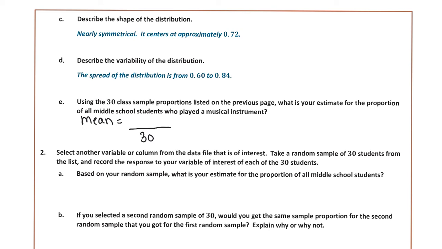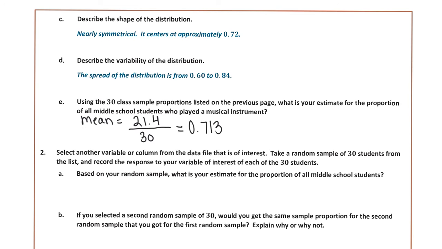All right, when I added up all my samples together, I got 21 and 4/10. And so now I'm going to have 21 and 4/10 over 30, which is going to give me 0.713, which we say is 713 thousandths.